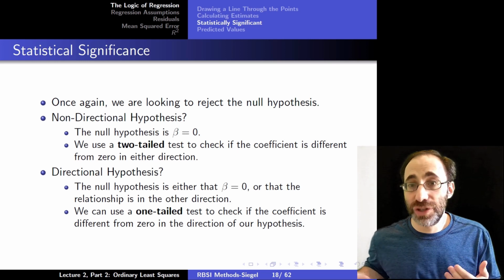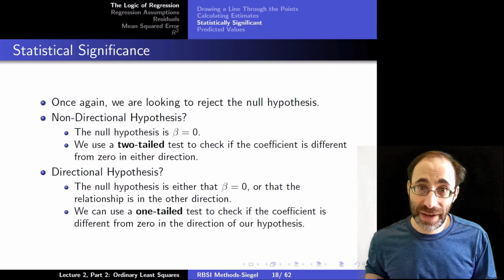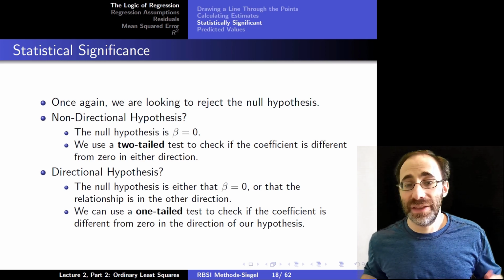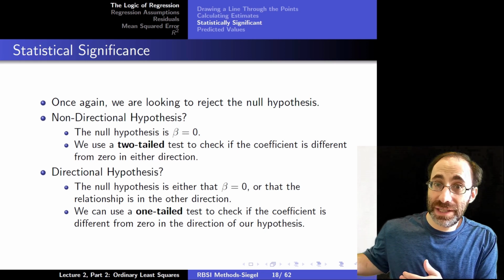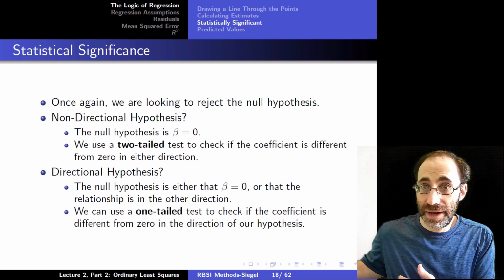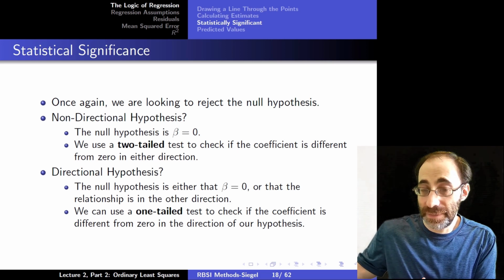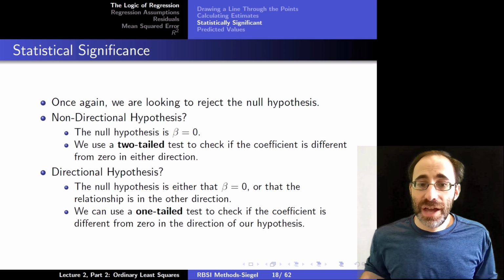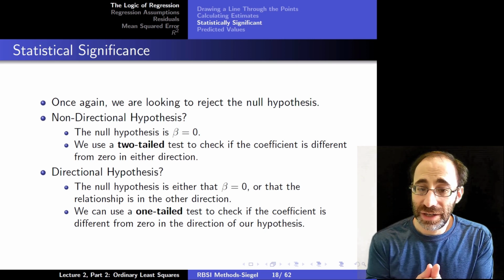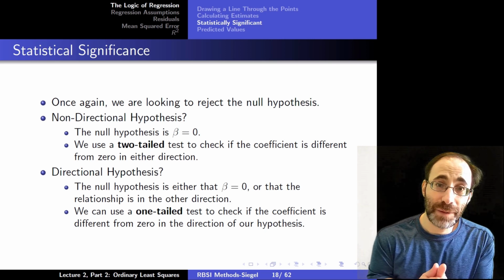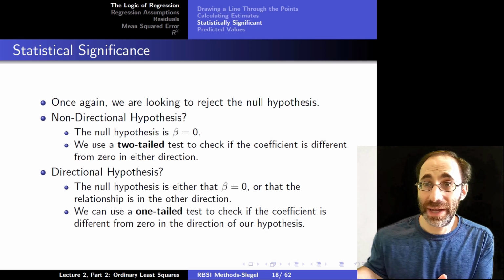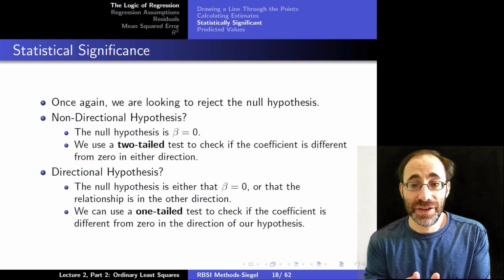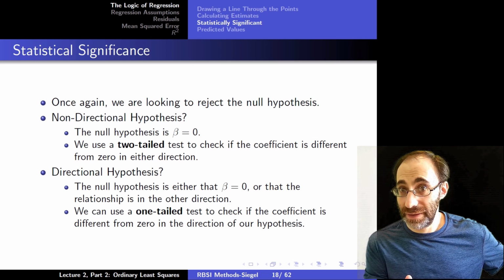So, if we believe strongly that there's a definite direction to our effect, then our null takes a little different form. Instead of saying that as I increase my test statistic, in either direction, I can reject the null hypothesis, you say that if my research hypothesis is as I increase x, y increases, my null is as I increase x, either y does nothing or y decreases.